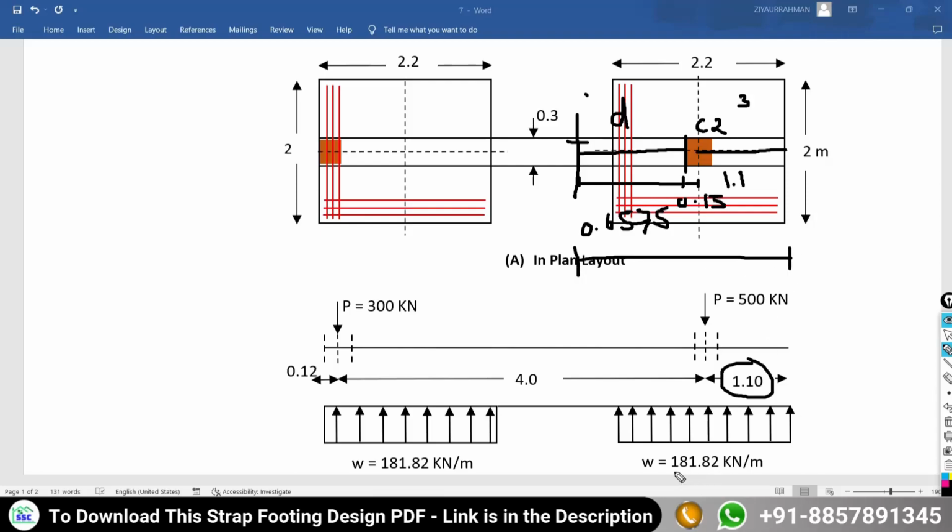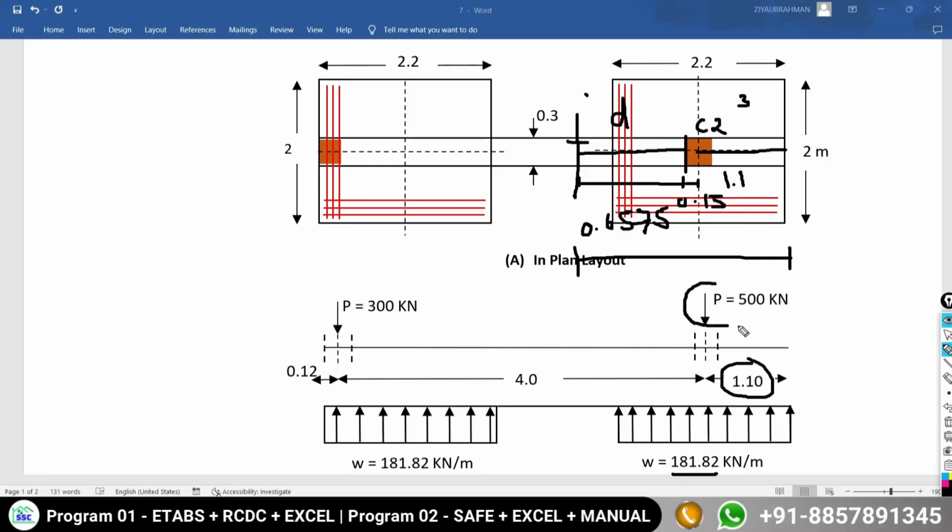Now the upward soil pressure is 181.82 kilonewton per meter. We have to multiply this by considering the full width. So it is going to become this upward soil pressure multiplied by this span. And one other load is there, downward as 500 kilonewton, that also we have to consider.